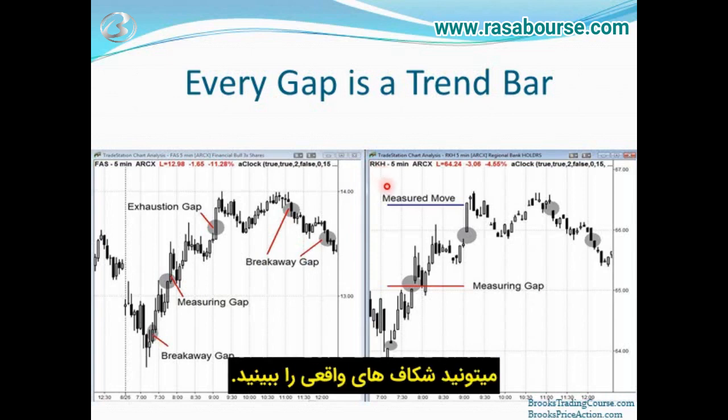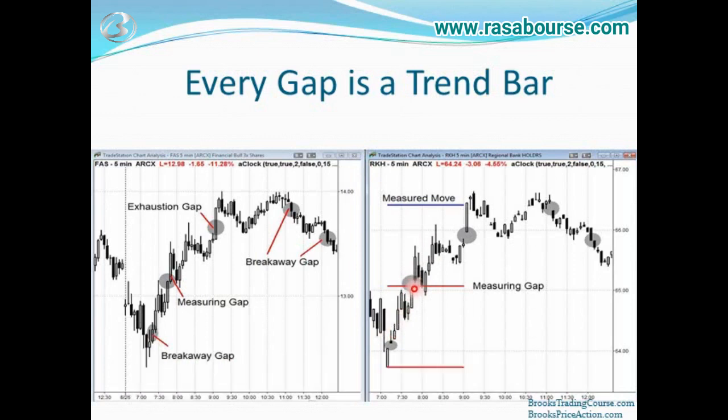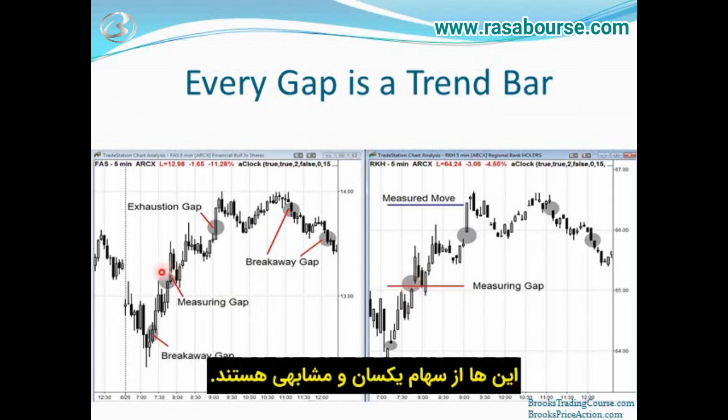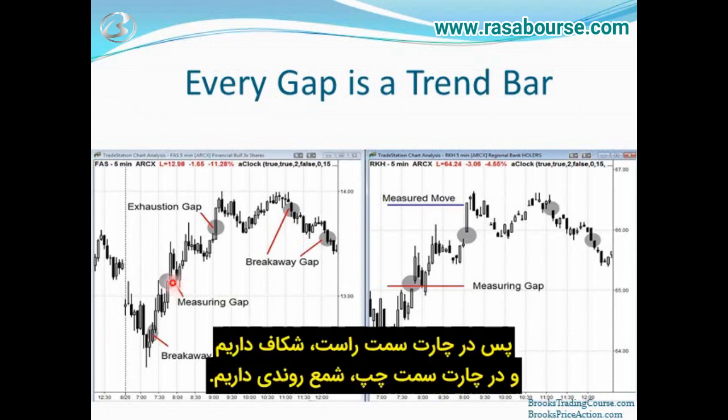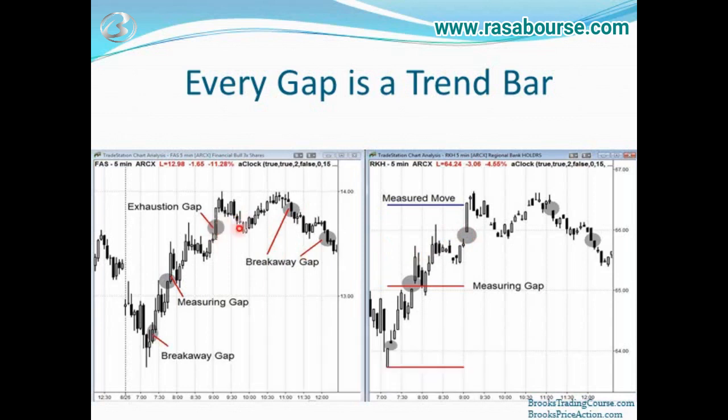You can see actual gaps because the market's so thin that no trade takes place as the price jumps from place to place. But look on the chart on the left, a chart with heavy volume covering the same basic underlying stocks. Instead of gaps, we have trend bars. So functionally, a gap, here's a trend bar. You should think of every trend bar as a gap and every gap as a trend bar.